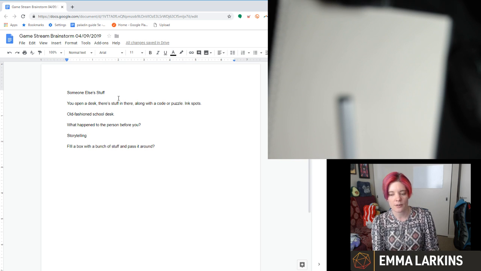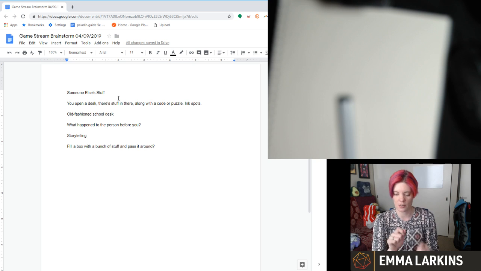The rest of the players open the box and try to deduce a story or figure out what happened to the person before them from the contents of their desk and potentially messages passed through code.